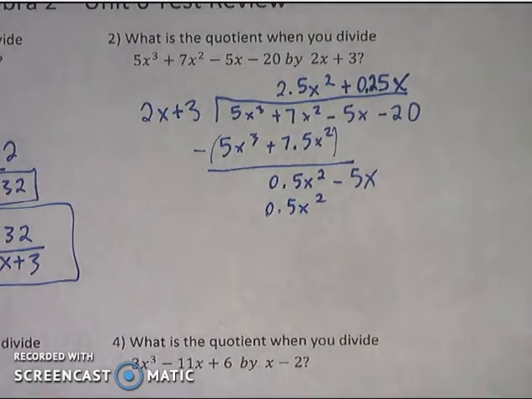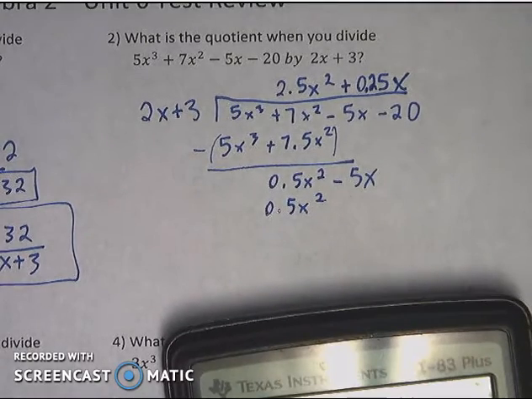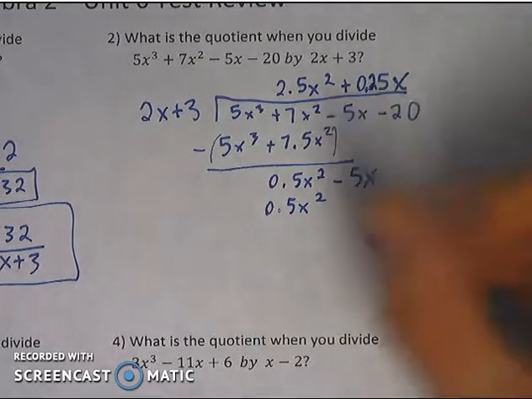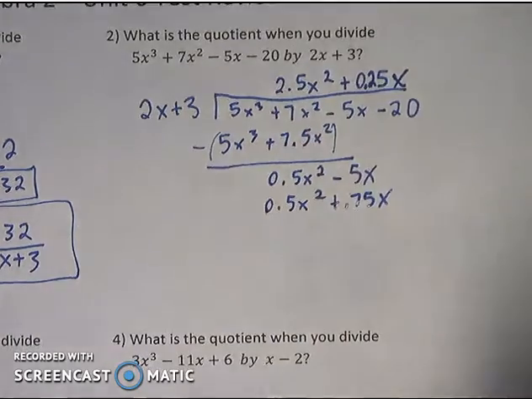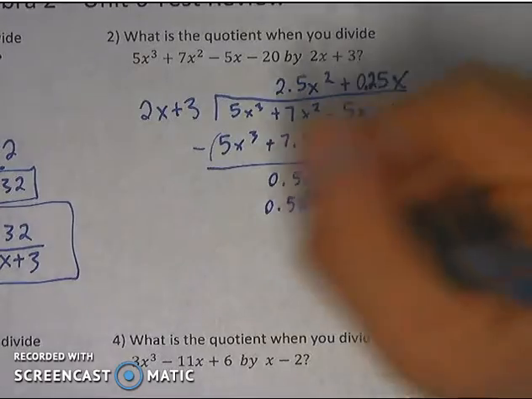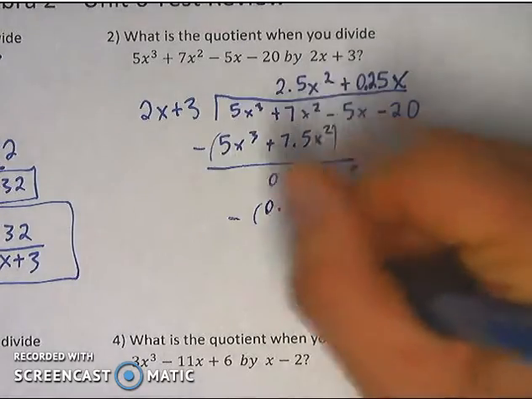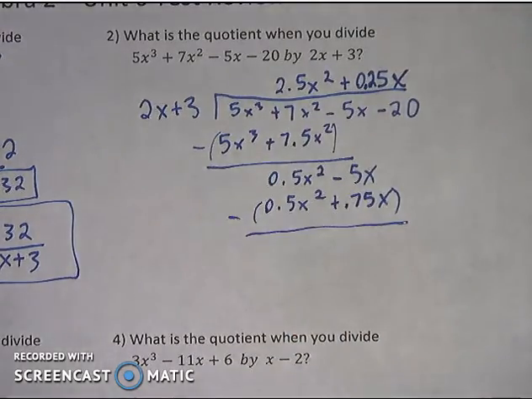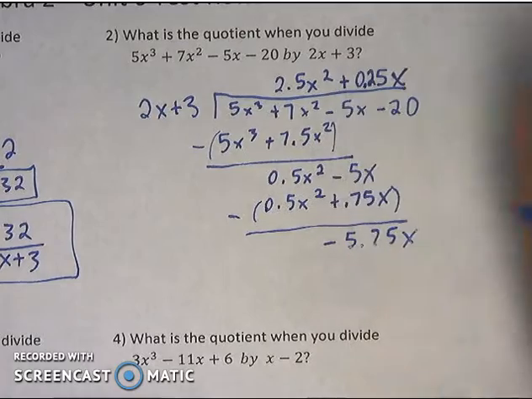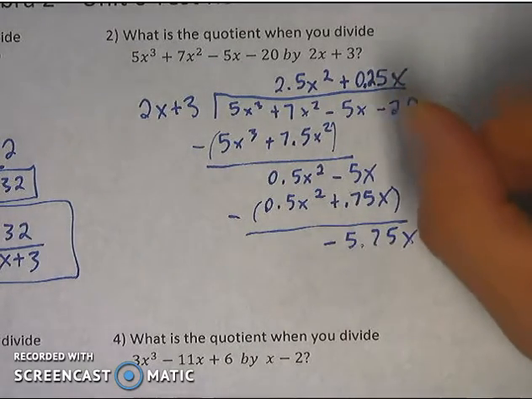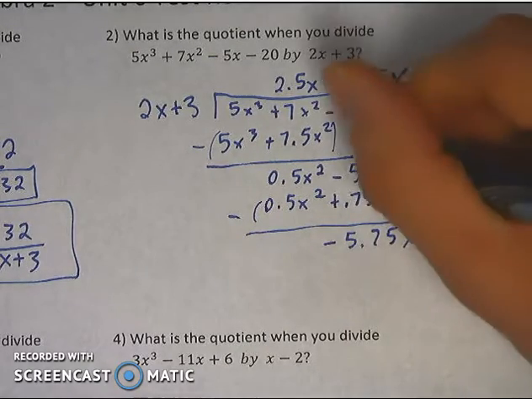And then 0.25 times 3 is 0.75, positive 0.75x. And so now I need to put this in parentheses and subtract them. So I've got negative 5x minus 0.75x, which gives me negative 5.75x. Bring down the negative 20.